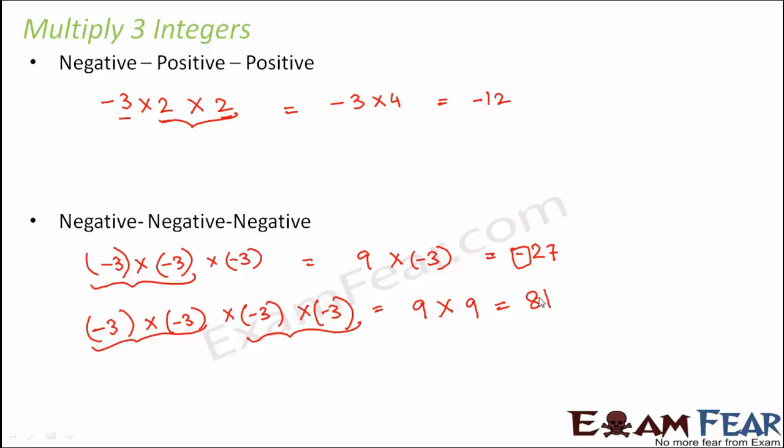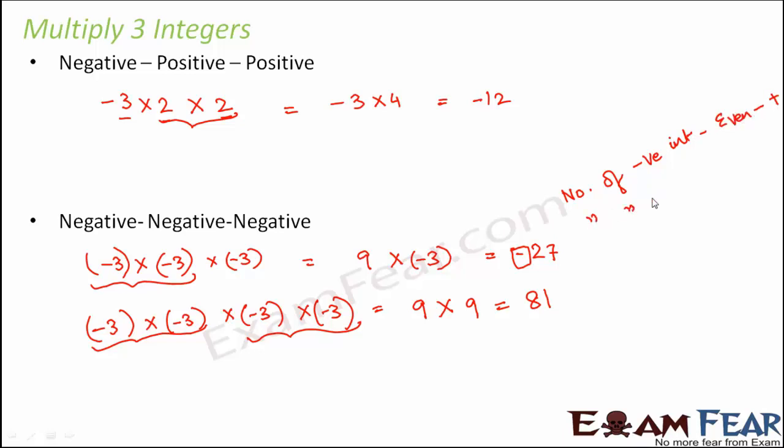So from this, what we conclude is, if you are multiplying only negative integers, maybe 5 negative integers, 10 negative integers, 6, 7, 12, 15, whatever number, if the number of negative integers is even, then the result would be positive.